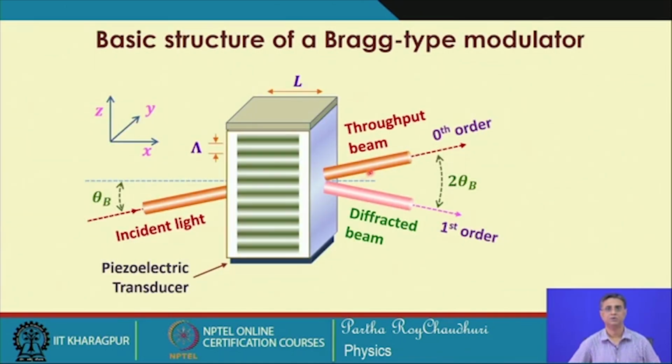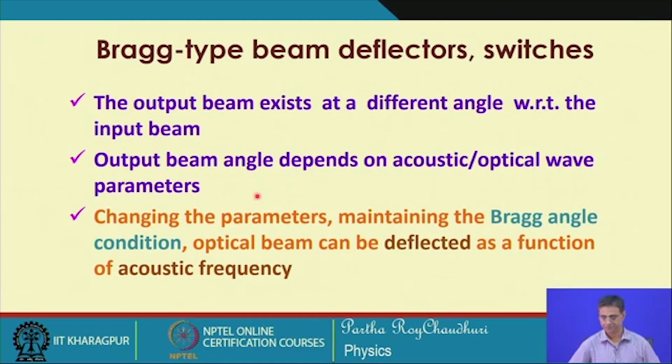As I have mentioned, if the incident angle is the Bragg angle theta b under the Bragg condition, then the beam in absence of the acoustic wave would have travelled along this line undeviated and undisturbed, but in presence of the acoustic wave, the beam will be deflected in this direction. So, the net deflection is twice theta b, where theta b is the Bragg angle.